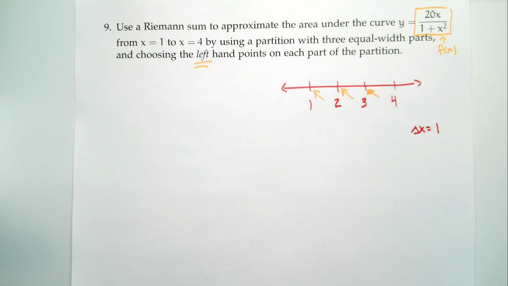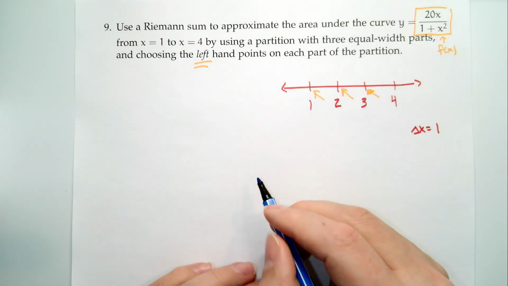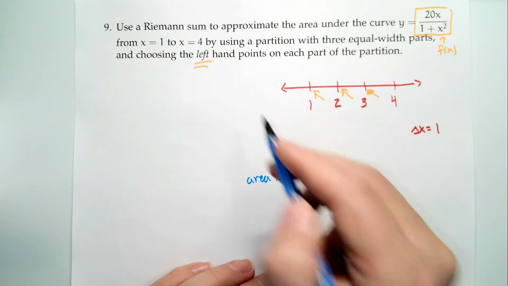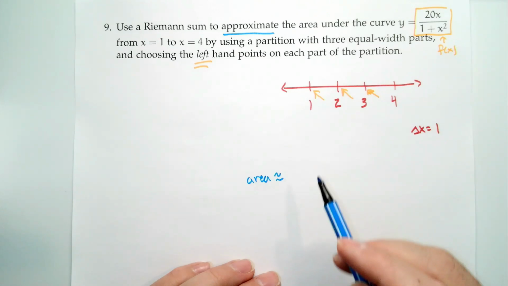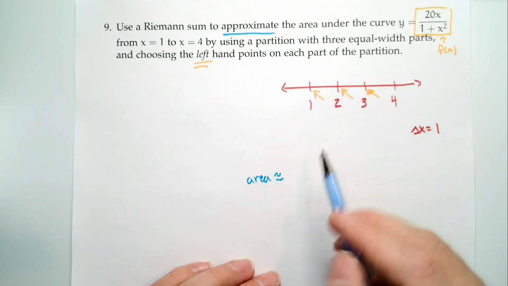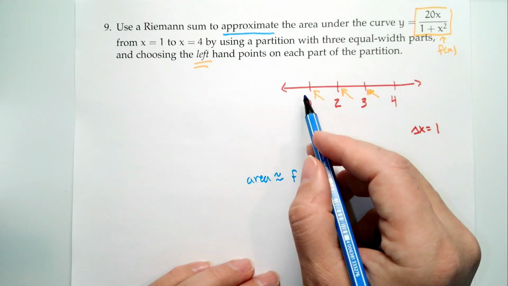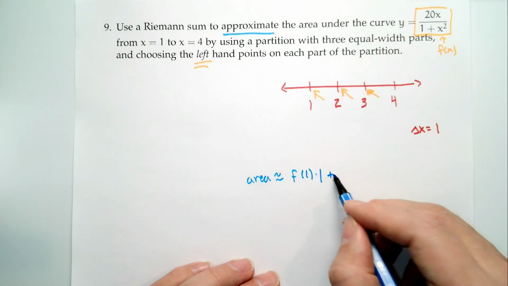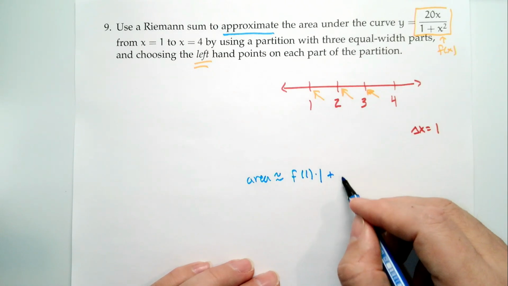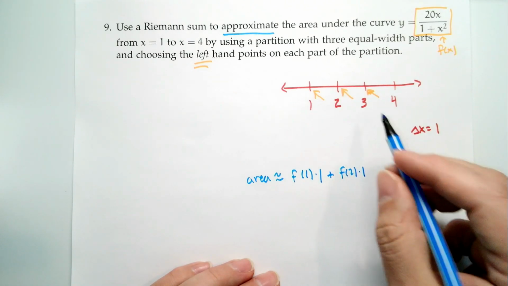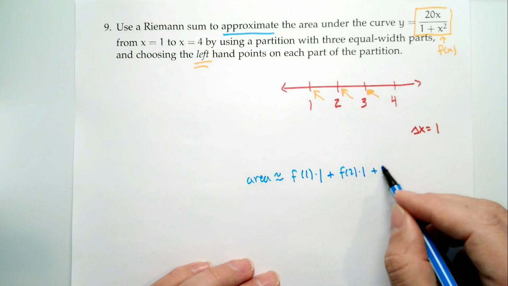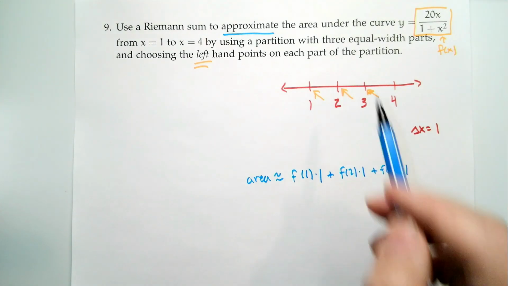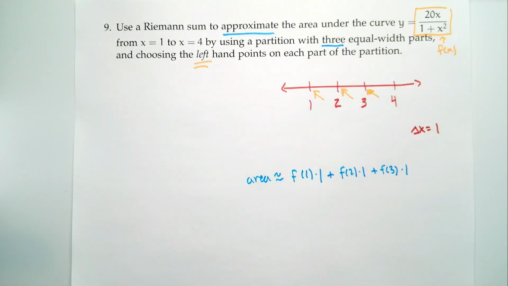Well, the area will be approximately, and remember, Riemann sums are approximations, so that's okay. For the first interval, it'll be the function on the left end, which is 1, times the width, which is 1. For the second interval, function on the left end, which is 2, times the width of the interval, which is 1. And then for the third one, the function at 3 times the width, which is 1. We only have 3 terms because we're doing it with 3 parts.